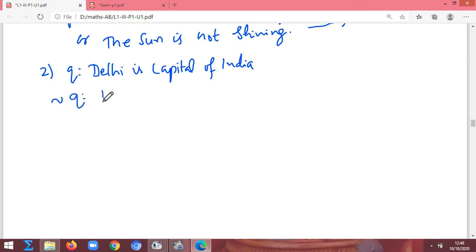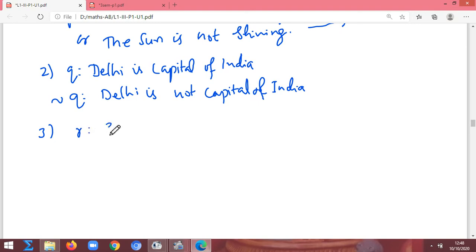Negation Q: Delhi is not capital of India, or you can say it is false that Delhi is capital of India. Okay. So let us see one more example.